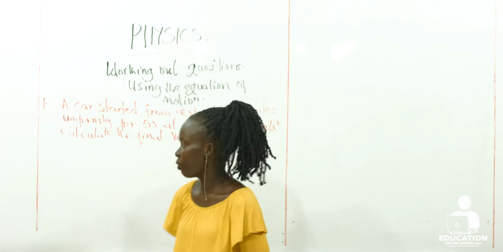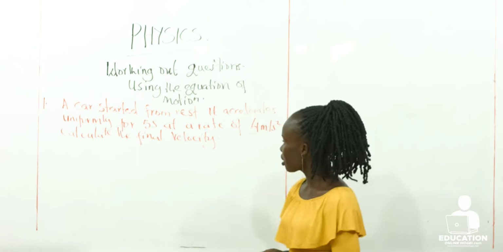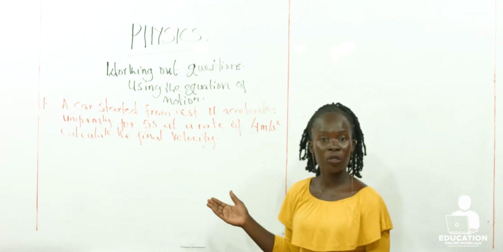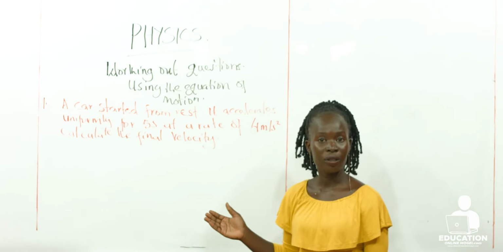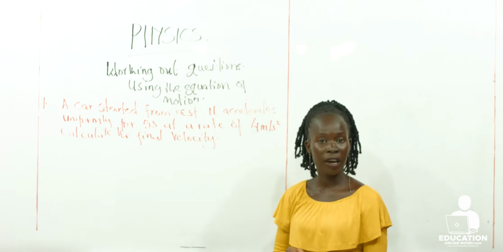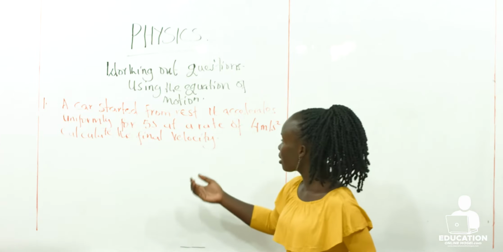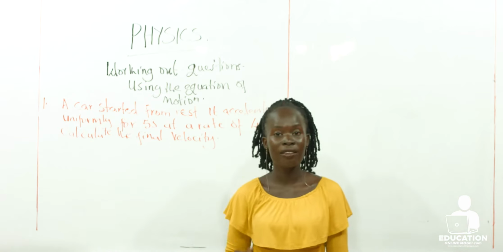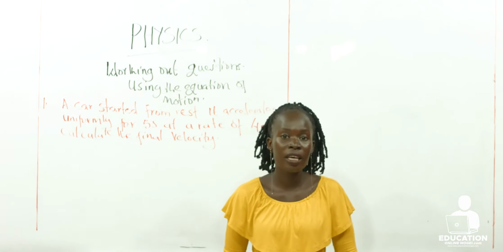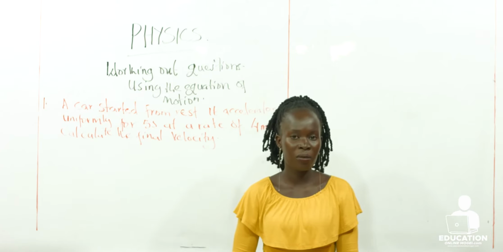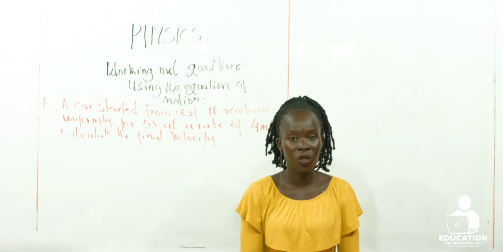Take a look at the question. When you read it, try to find out what has been given to you in the question and what the question requires you to find. If you read that a car started from rest, what happens when a car starts from rest? Not only a car, anybody. If any object starts from rest, what velocity do you give the body?